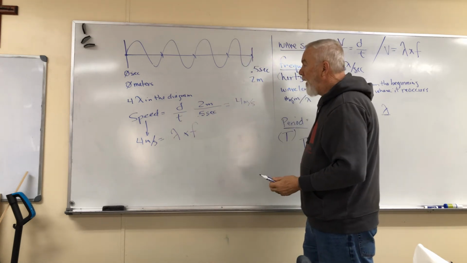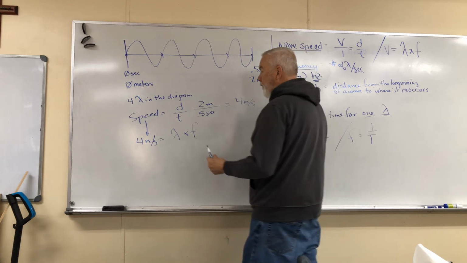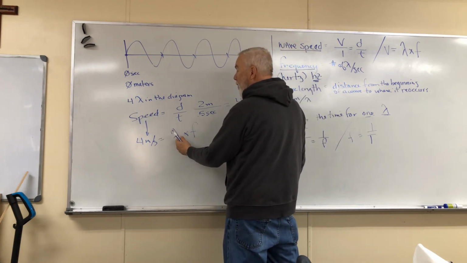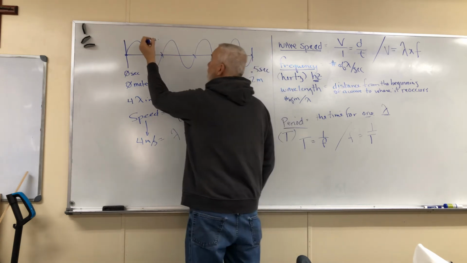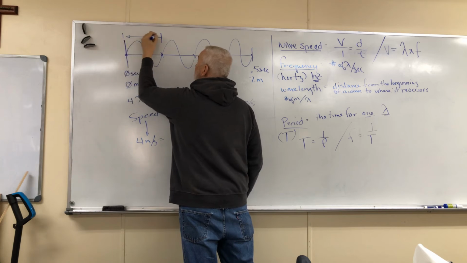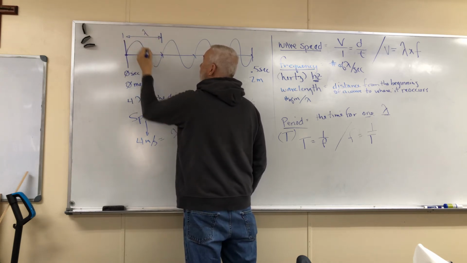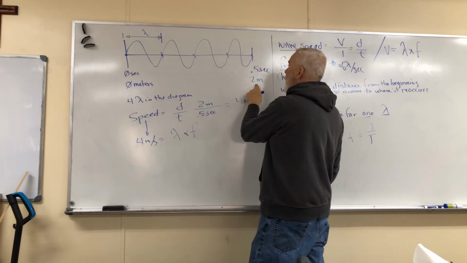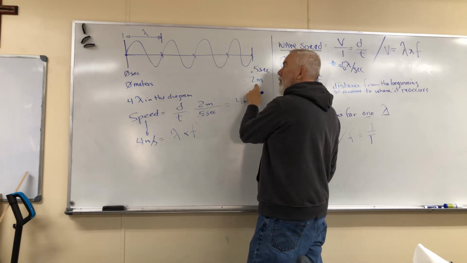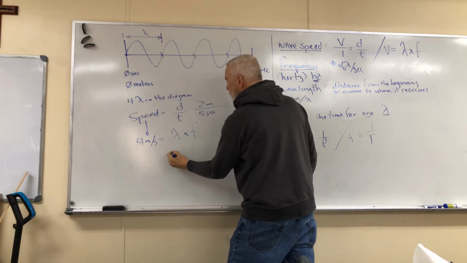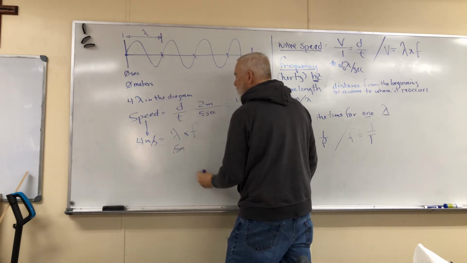The wavelength is the distance for one wave from here to here. That's one wave. If there are 4 of them in 2 meters, then each of these wavelengths is 0.5 meters long.